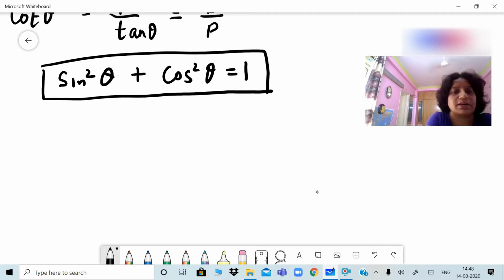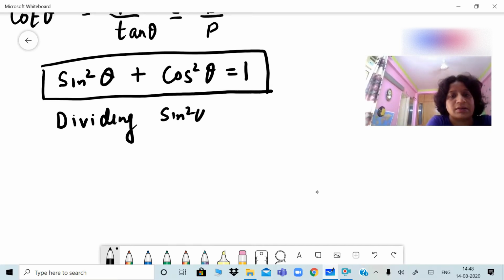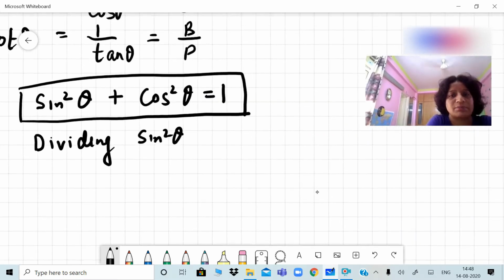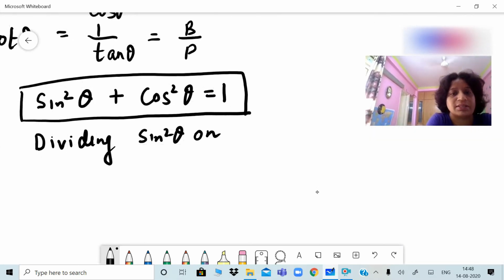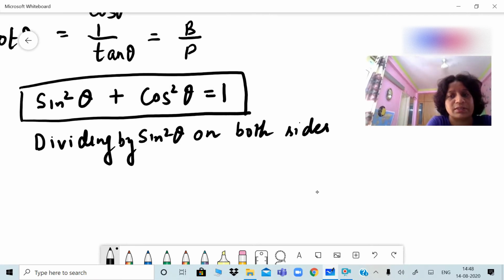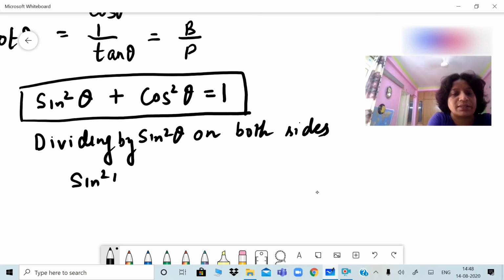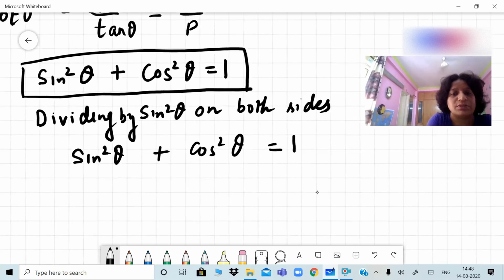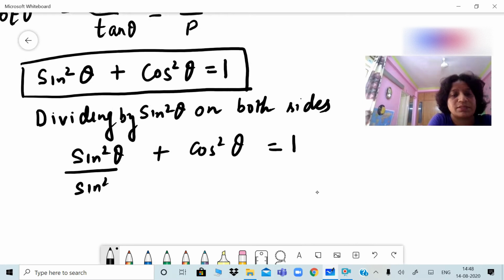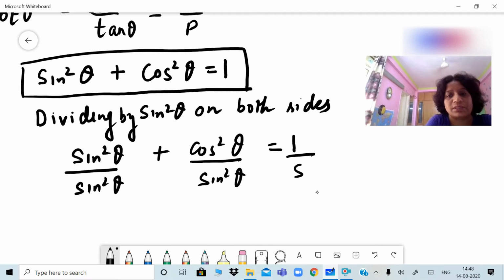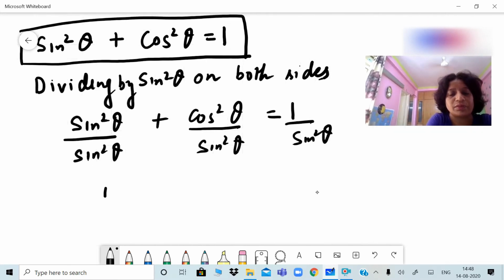Just divide by sine square theta on both sides. Dividing sine square theta plus cos square theta, which gives 1, by sine square theta: sine square theta upon sine square theta gives 1.